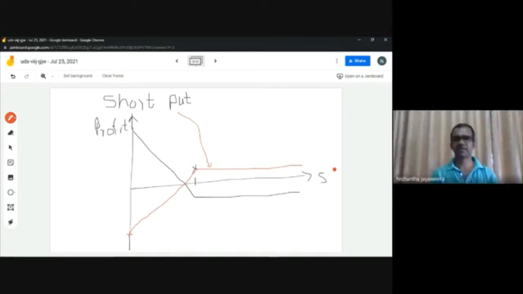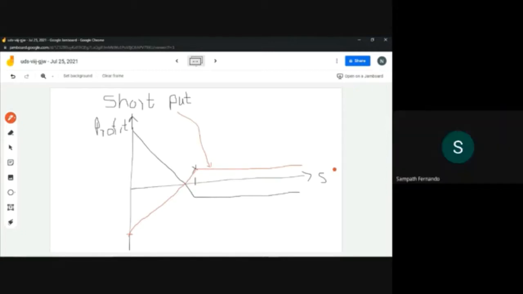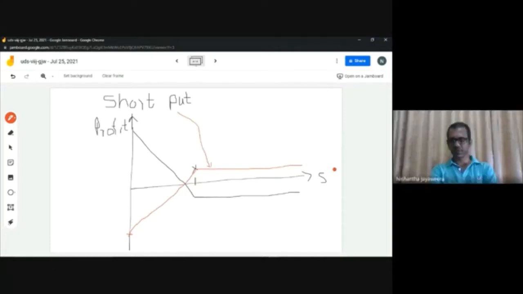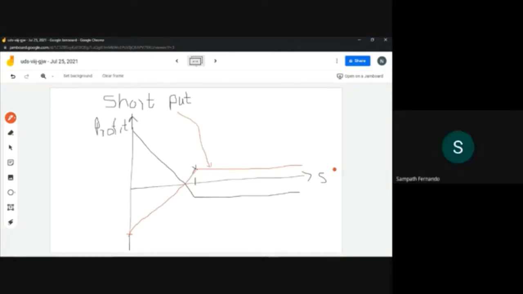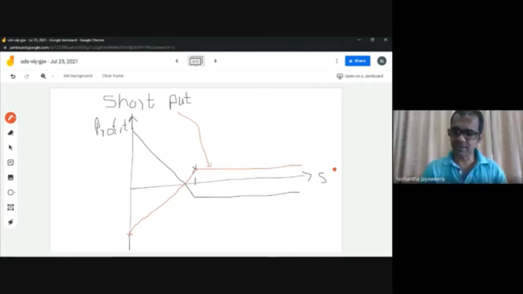Premium. That's the premium. Maximum loss? Strike price minus premium.